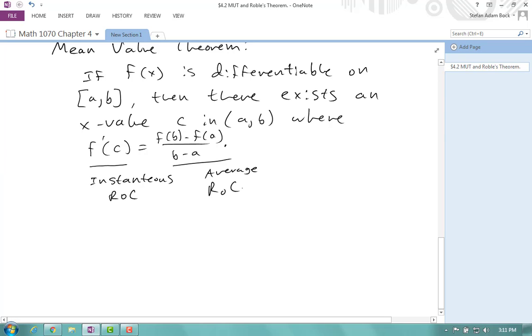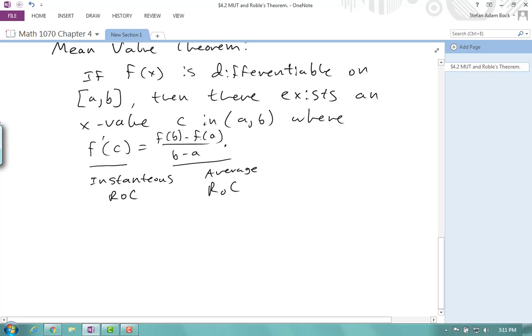So you can see that this is a lot like Rolle's theorem. It's just now I'm missing the condition that f of b is equal to f of a, and so I have a correspondingly different result. So by the same token, I can consider Rolle's theorem to be the special case of the mean value theorem where f of b is equal to f of a.